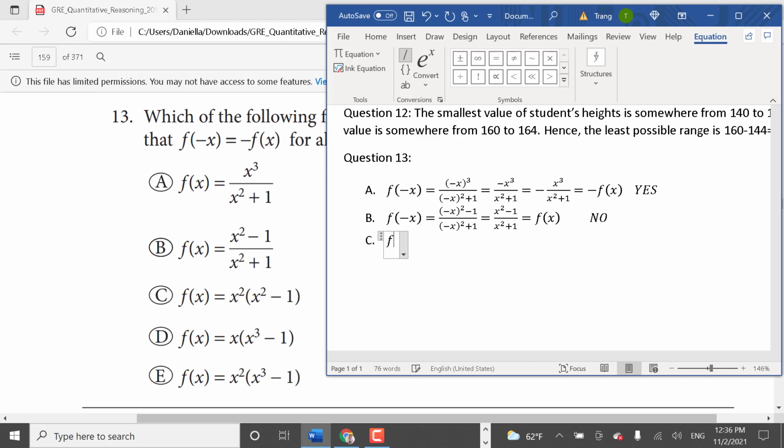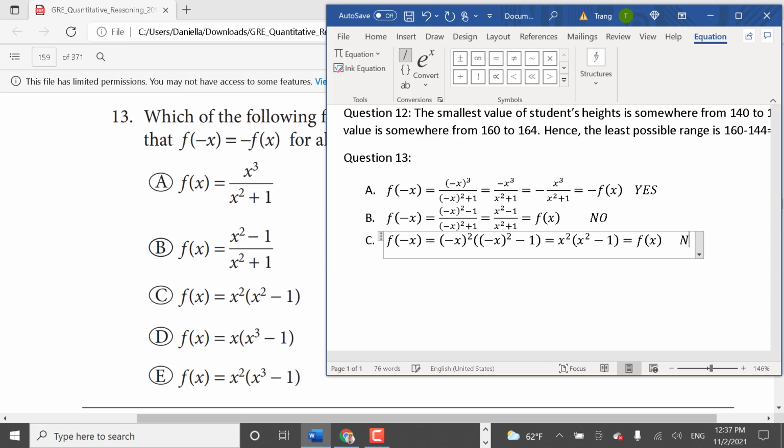If you look at C, we get f of minus x is equal to minus x whole squared times minus x whole squared minus 1, and this is equal to x squared times x squared minus 1. It's an even function, equal to f of x.